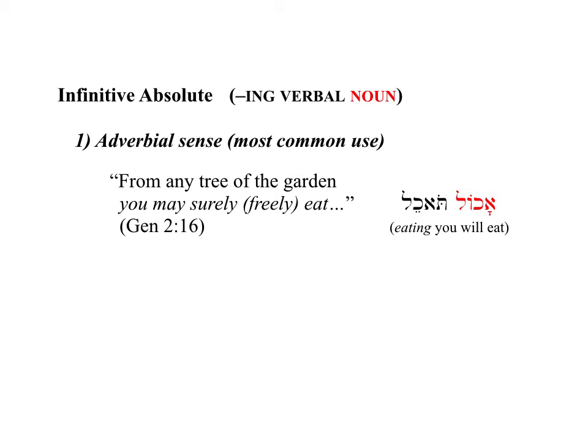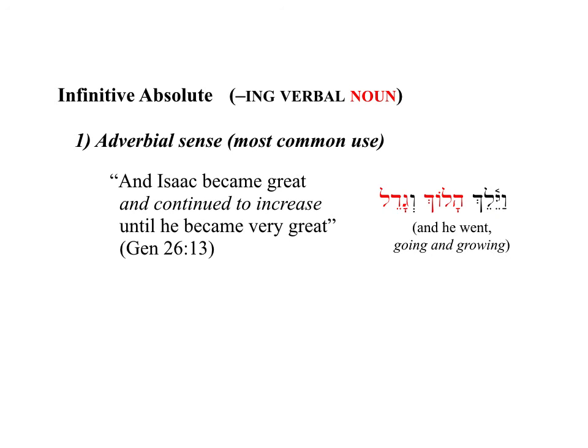And in most cases, the infinitive absolute is used in this fashion with the infinitive absolute and the verb sharing the same root. But on occasion, you will also find that the infinitive absolute can appear in a different root. So for example, here we have Isaac became great, and he continued to increase until he became very great.